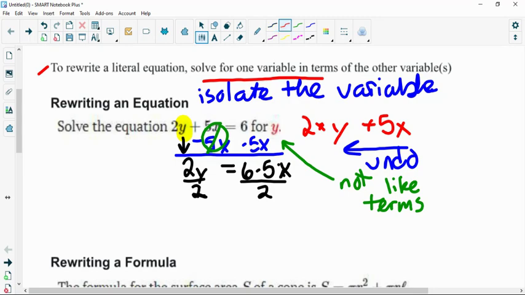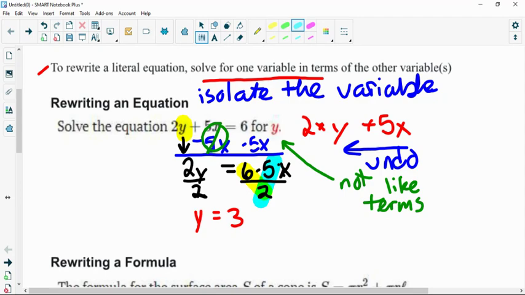Two divided by 2 is 1y. And when we divide by 2 over on the right side of the equation, we do 6 divided by 2, which is 3, followed by negative 5x divided by 2.